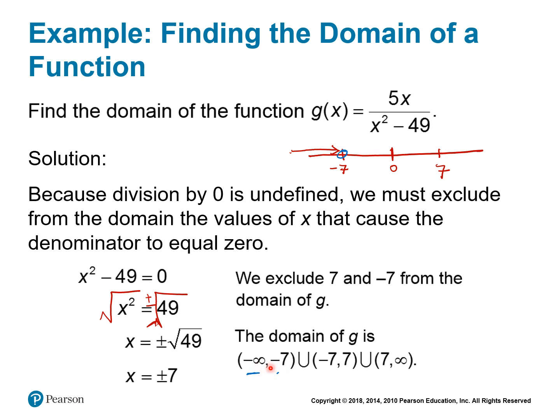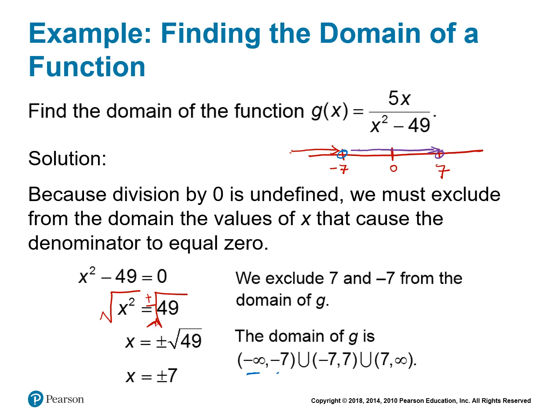So we are getting as close as possible, micro millimeter close to negative 7, but we cannot choose negative 7 as our value to input into the function. And once we cross negative 7, we can continue all the way to as close as possible to 7, but we cannot hit 7. 7 must be excluded.